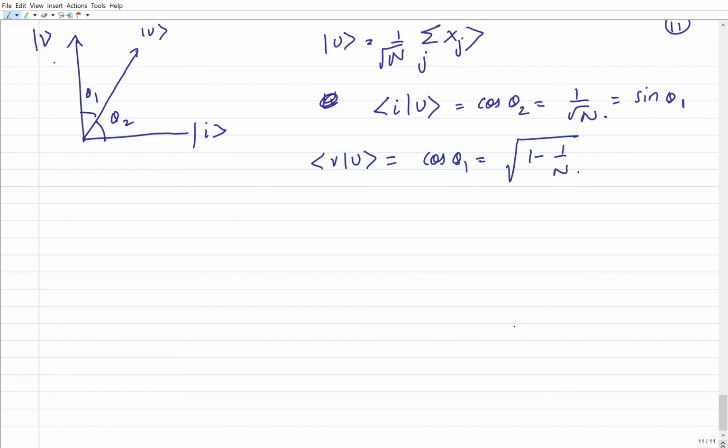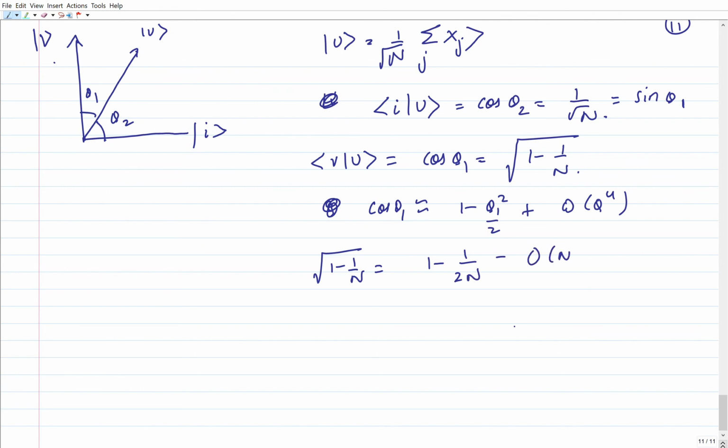So how do I estimate theta 1? Well, I'll just express cosine theta 1 as a power series. That gives me 1 minus theta 1 squared by 2 plus some higher order terms. From the binomial expansion of the square root of 1 minus 1 over n, I get 1 minus 1 over 2n minus order of n to the power of minus 2, and so on.